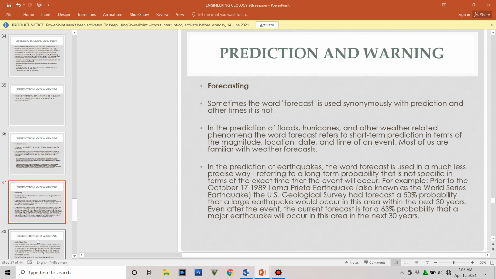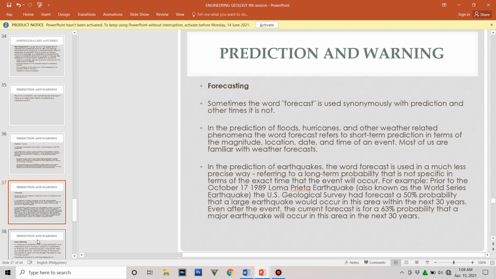Forecasting. Sometimes the word forecast is used synonymously with prediction and other times it is not. In the prediction of floods, hurricanes, and other weather-related phenomena, the word forecast refers to short-term prediction in terms of the magnitude, location, date, and time of an event.